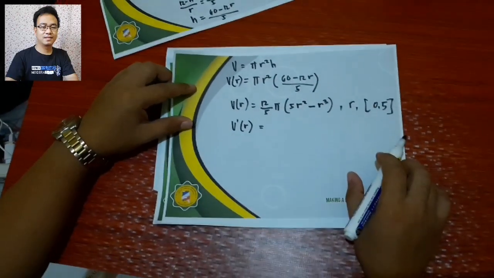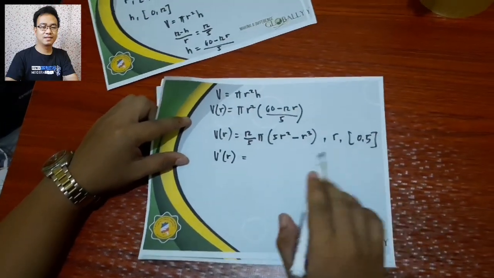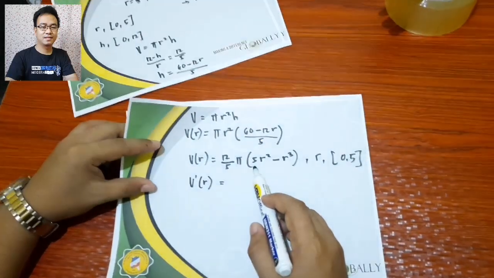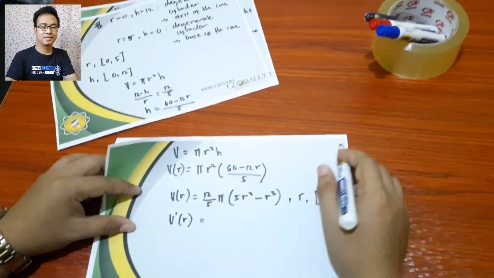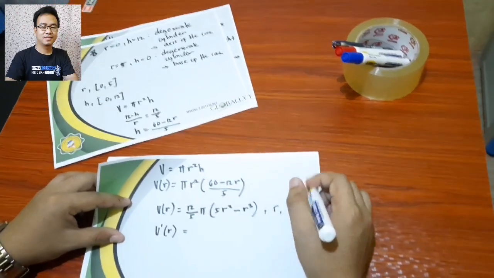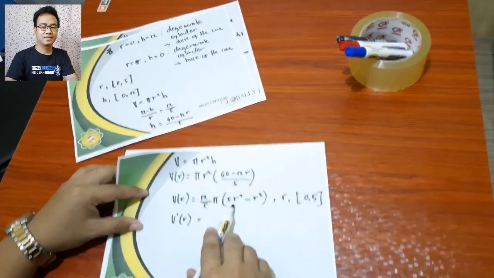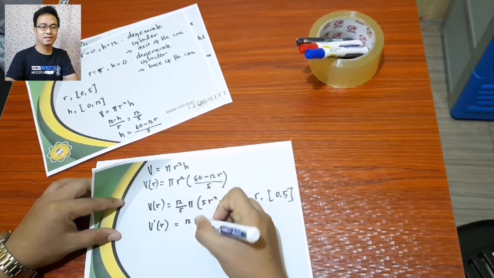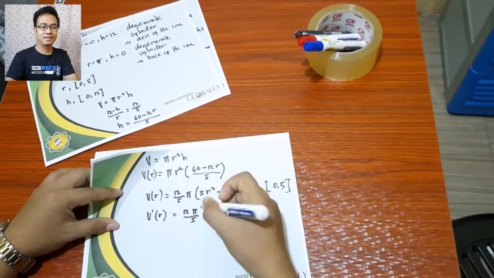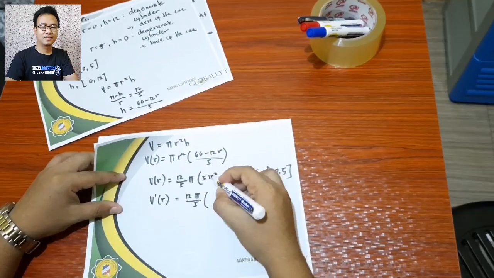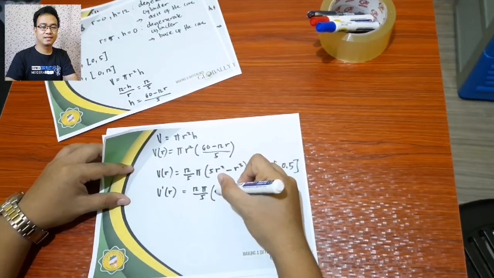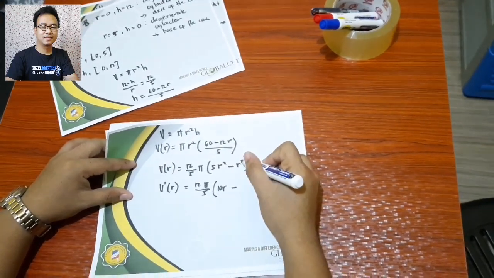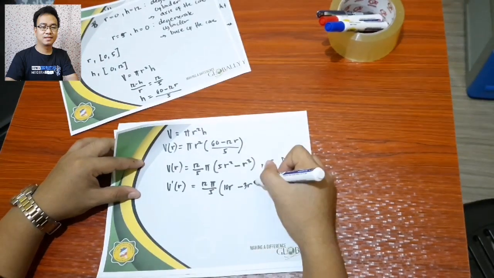The first derivative will then be equal to, take note, this is constant. The derivative of a constant is 0, multiplied by this one, will give us 12 pi over 5 times 5 times 2, which is 10, or 2 minus 1 raised to 1 minus 3, or 3 minus 1 is equal to 2.